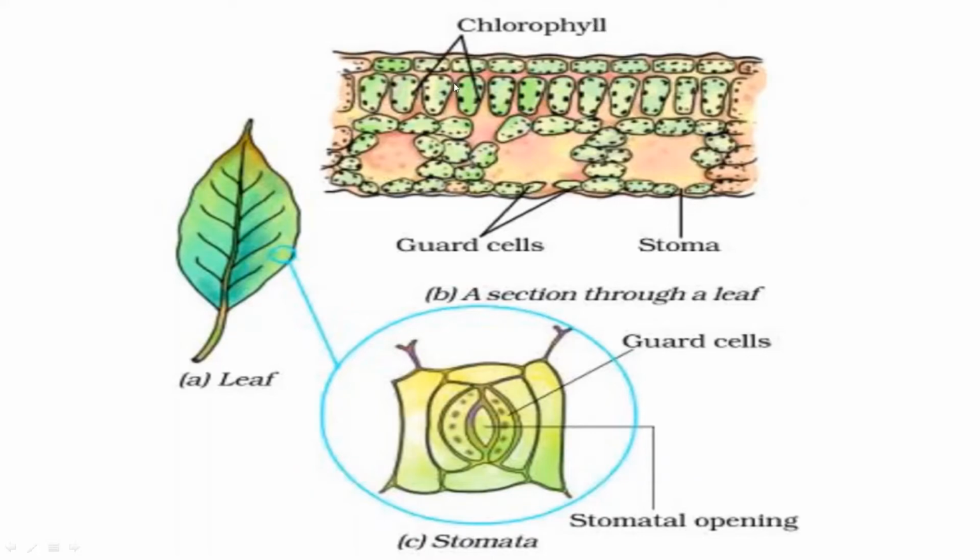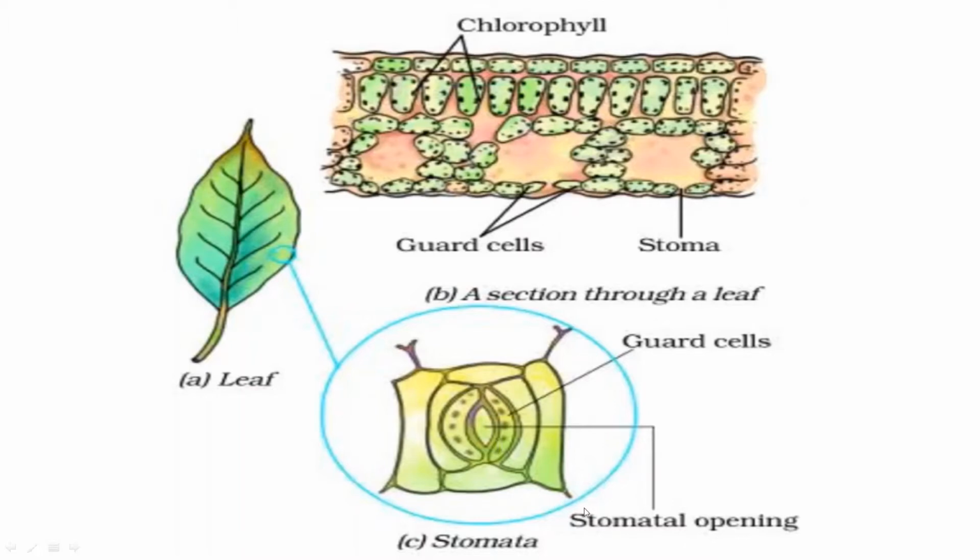Okay, and see this dotted structure. These are the chlorophylls which actually absorb the sunlight to prepare the food. And the lower epidermis is often interrupted by the presence of stomata.